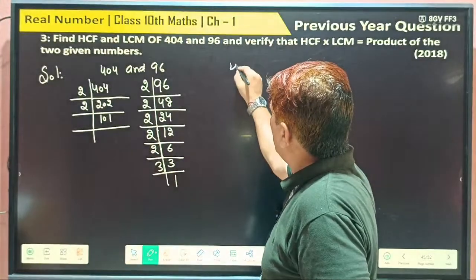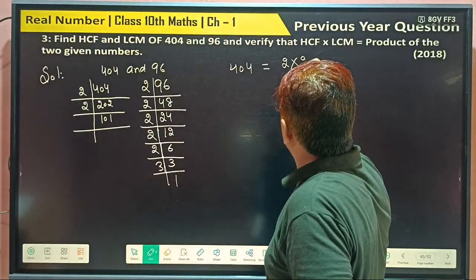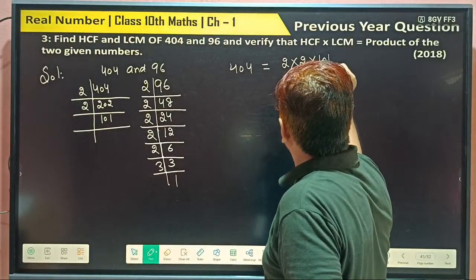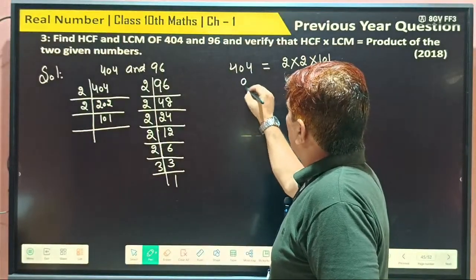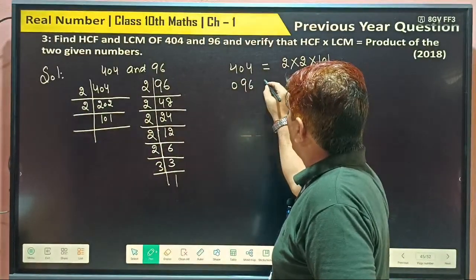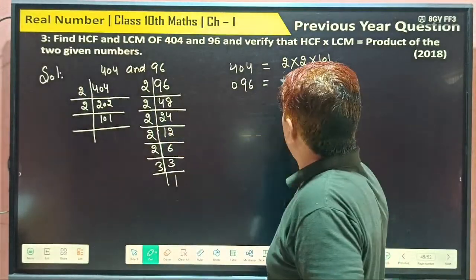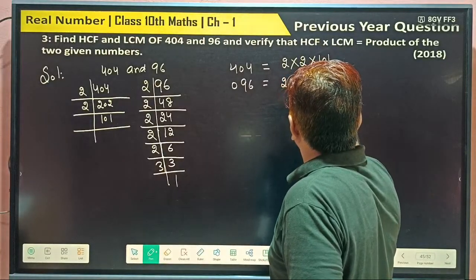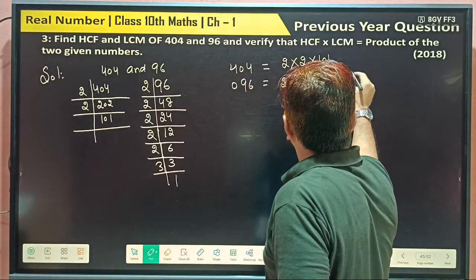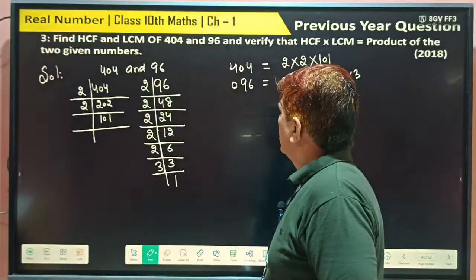So 404 we can write 2 into 2 into 101. 96, how can we write? 2 into 2 into 2 into 2 into 2 into 3. Understood?